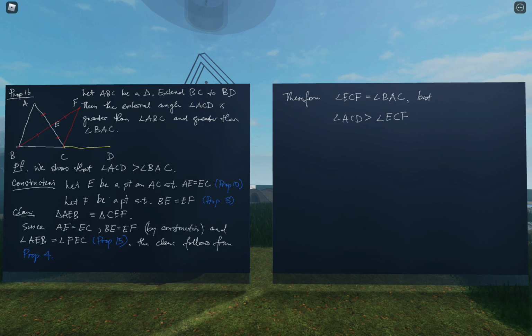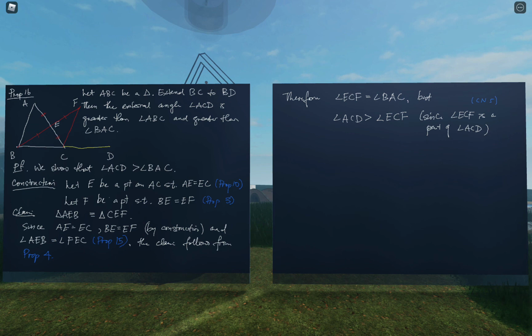So ACD, right, is the big angle. Angle ECF is part of it, right? Right, since angle ECF is part of angle ACD is one of the common notions. Thanks, Dan.